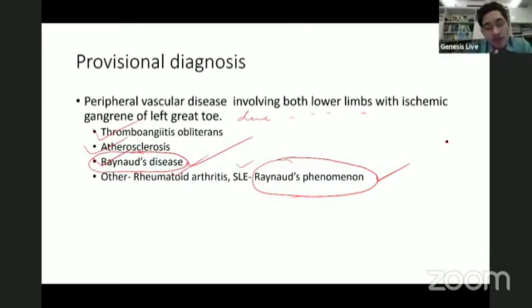What happens in Raynaud's disease is there is usually intense vasoconstriction of the vessels when there is a change in temperature, usually when affected by cold. If that is the primary disease, it is called Raynaud's disease. And if it is secondary to some other disease, then it's called Raynaud's phenomenon.